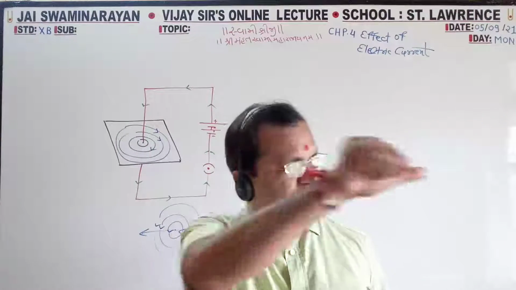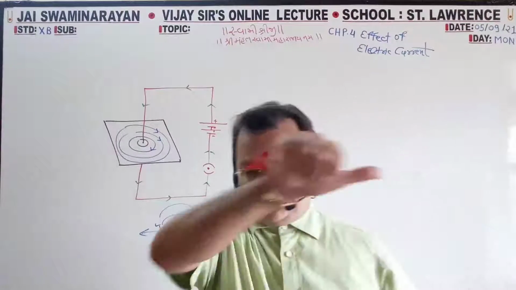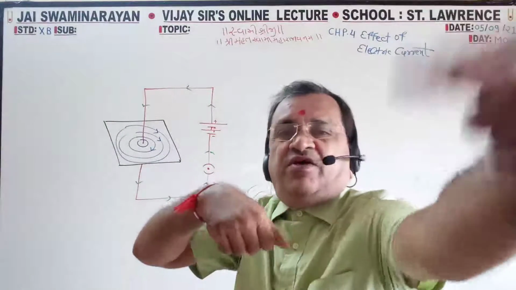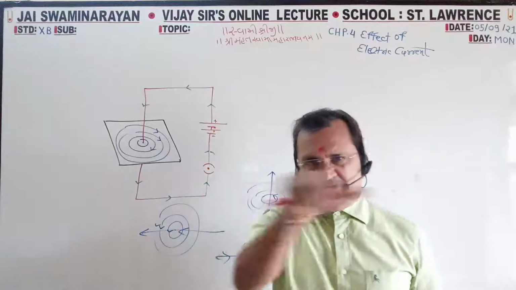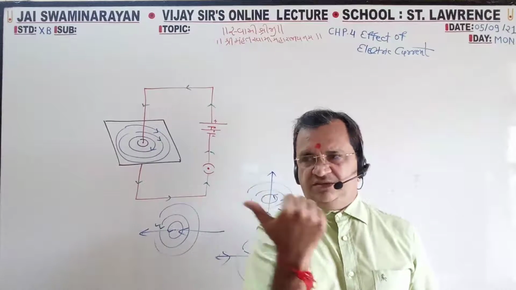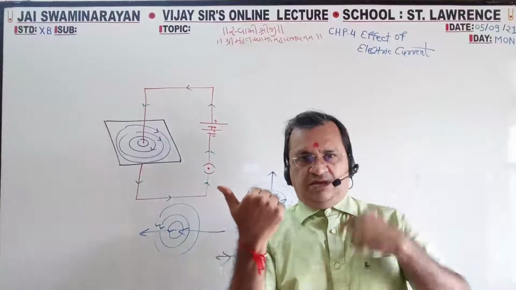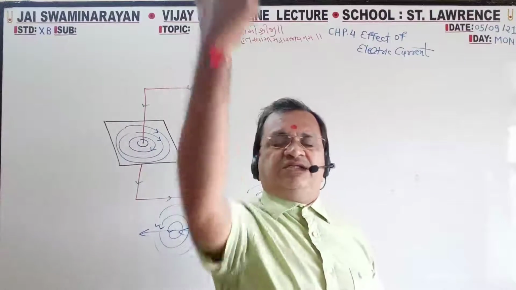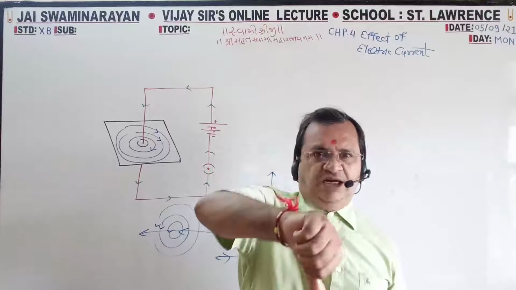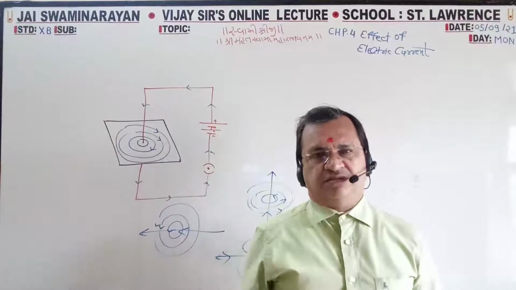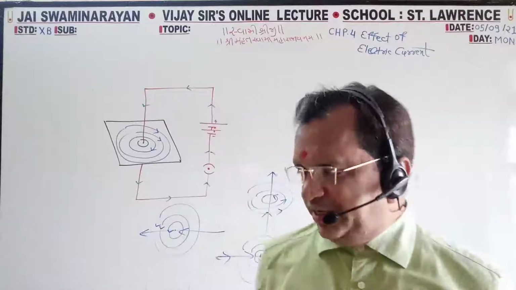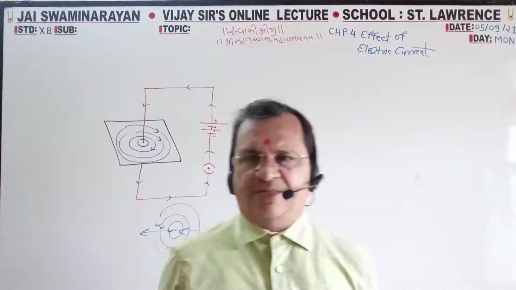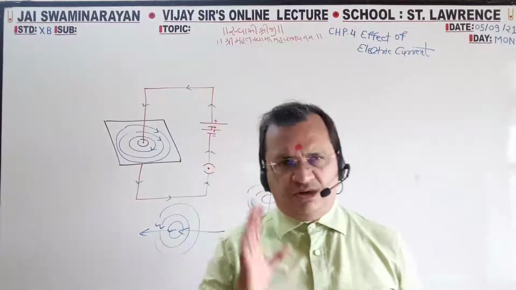If the right hand thumb is to my left side, this is away from the body and this side towards the body. Upside, anti-clockwise; downward, clockwise. No need to write clockwise, anti-clockwise, towards the body, away from the body.